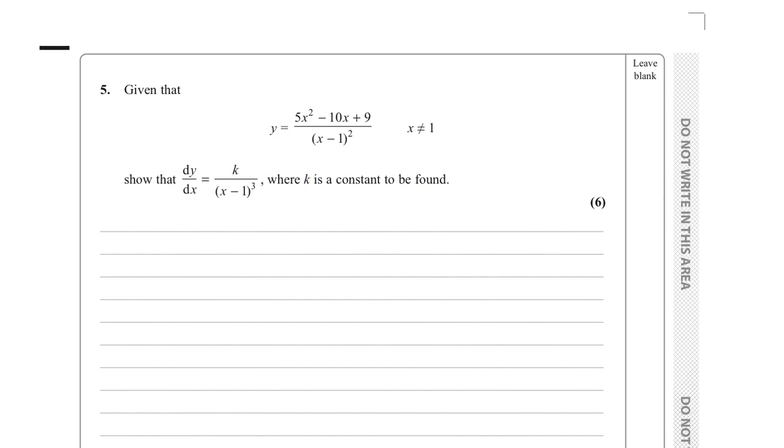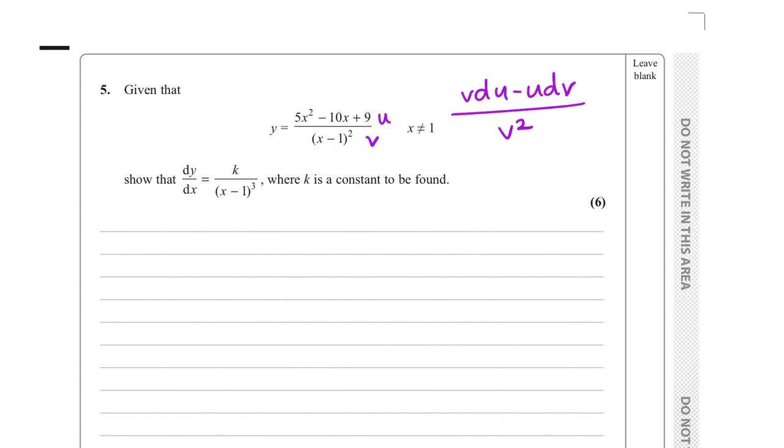Question 5, 6 marks for a differentiation question. And we can see it's quotient rule: V du minus U dV over V squared. So differentiate this. We already did this.